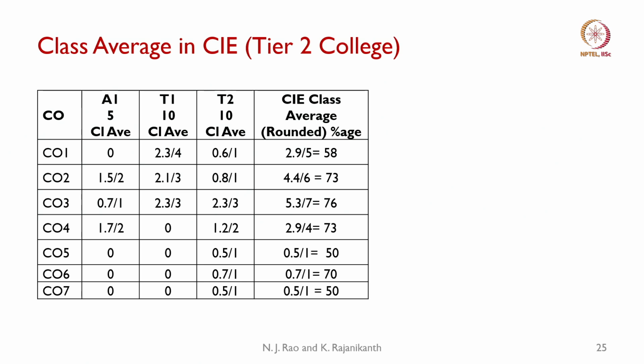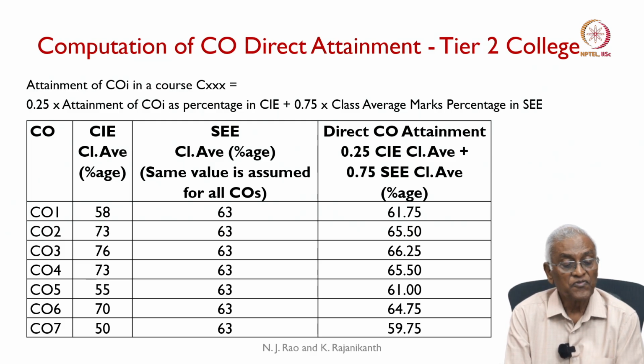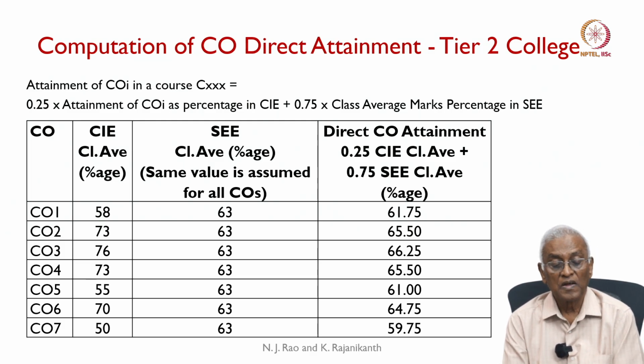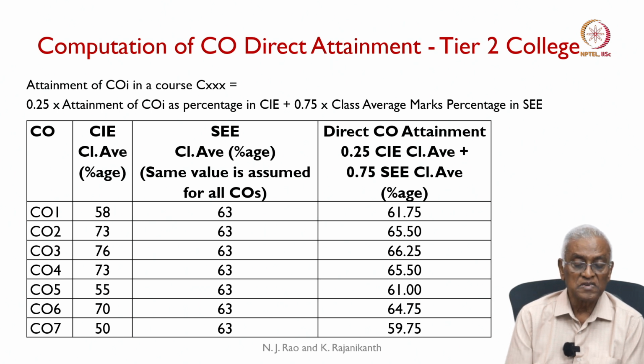But I am combining all the questions related to CO3 and getting in terms of attainment of CO3. And I combine now with the 25% weightage to CIE and 75% weightage to the SEE. Because we don't have CO wise attainment details, we use the same percentage for all the COs.